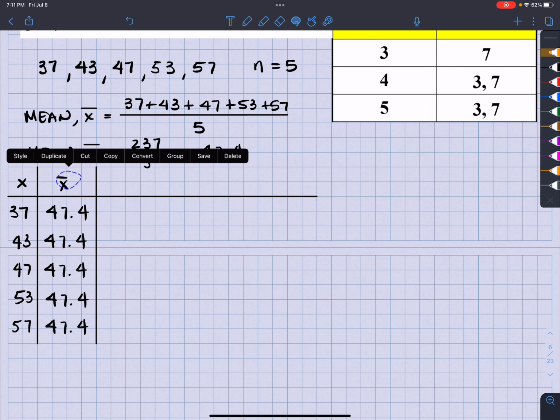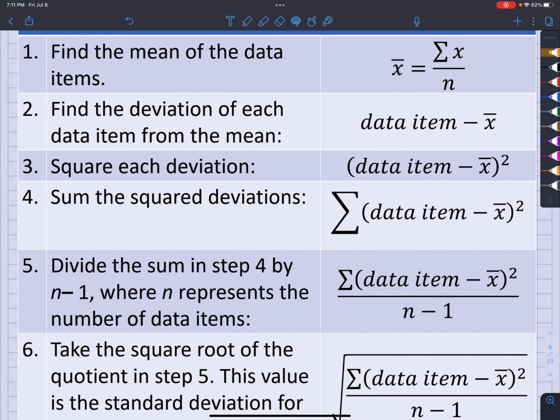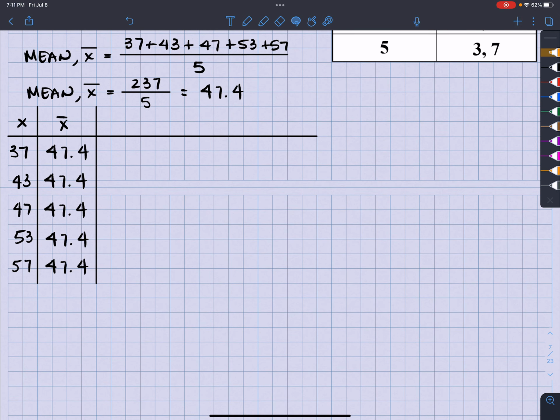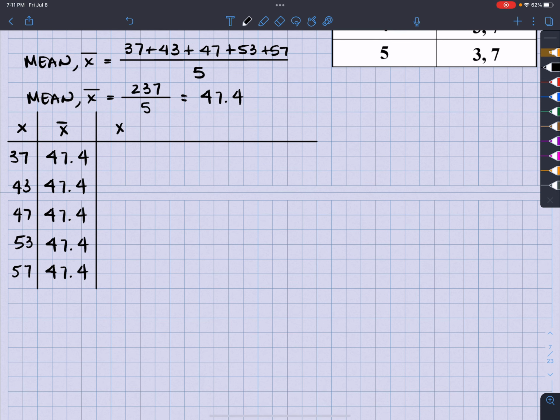Now, step 2 is that I subtract those 2 items, so here I have X minus X bar.